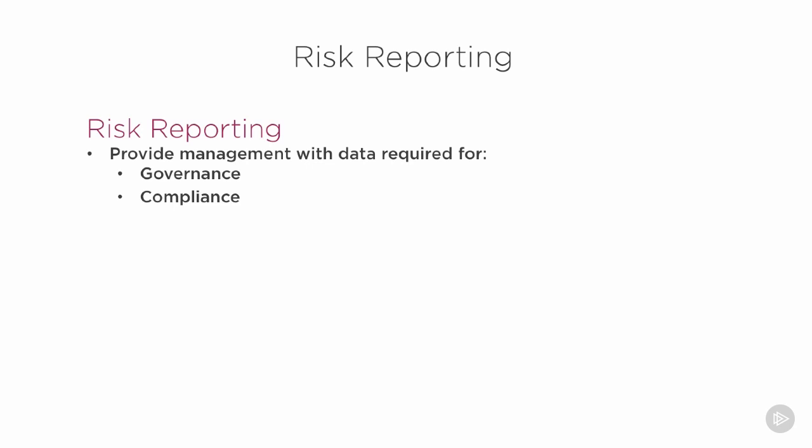Management is responsible for the protection of the assets of the organization, and this responsibility can be defined as governance, the oversight and management. In order for management to be able to provide good governance, they have to have good information. So therefore we have risk reporting.